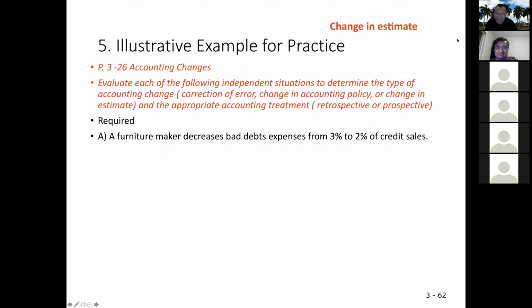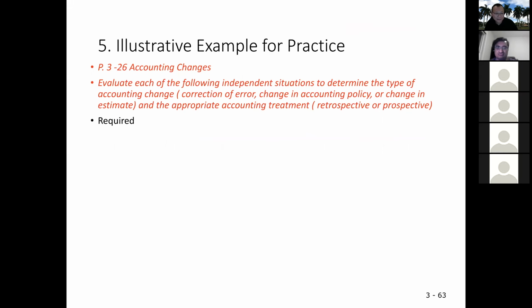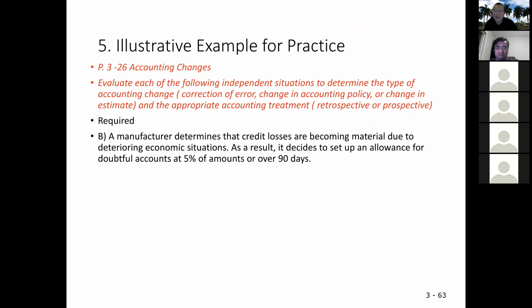Okay, let's take another example. A manufacturer determines the credit losses are becoming material due to deteriorating economic situations. As a result, it decides to set up an allowance for doubtful accounts at 5% of amounts over 90 days.